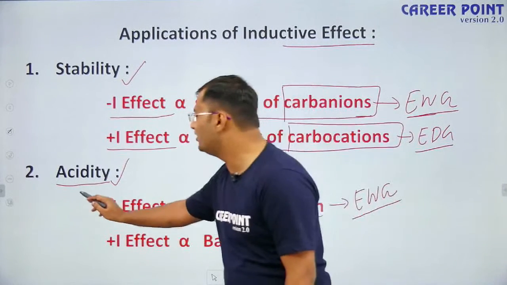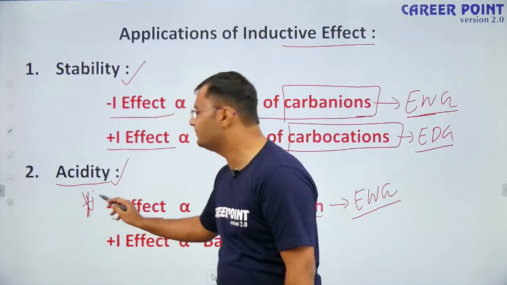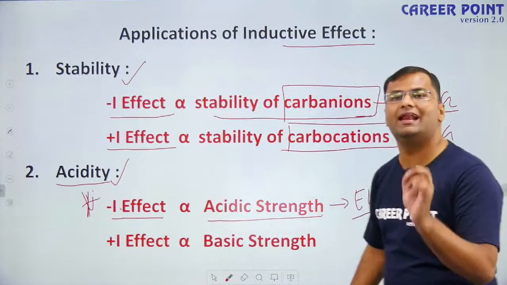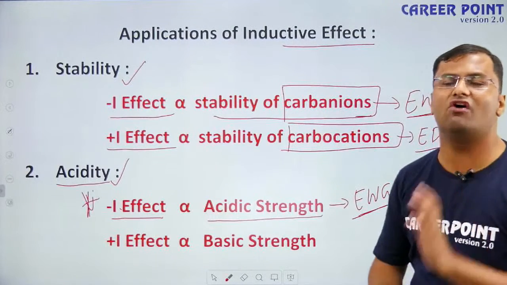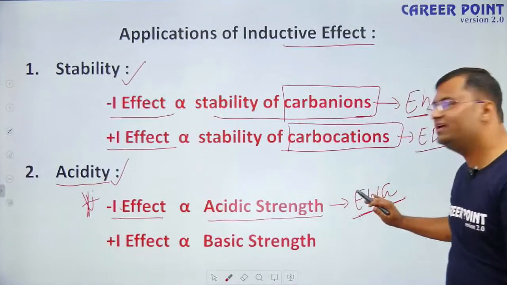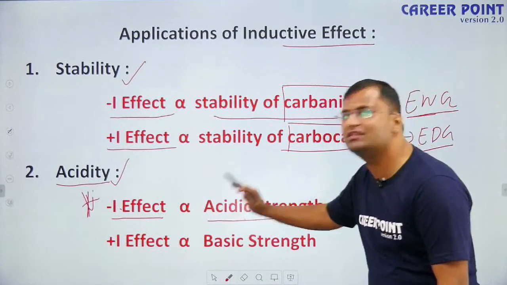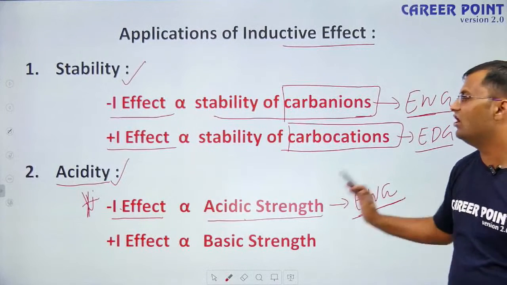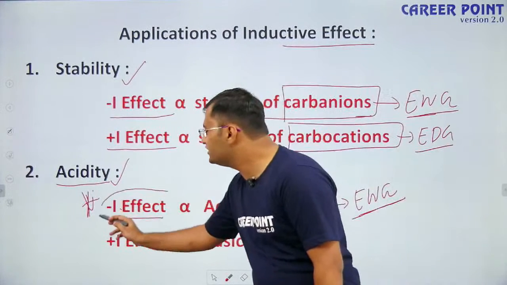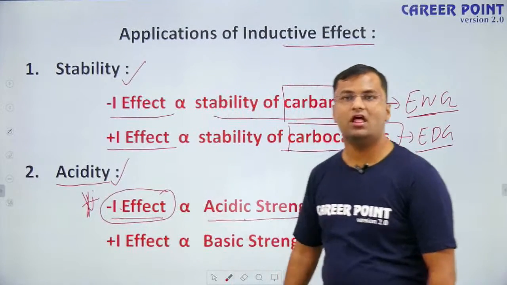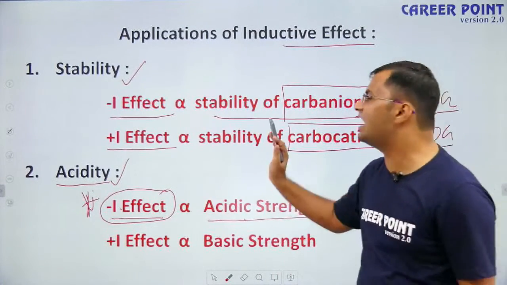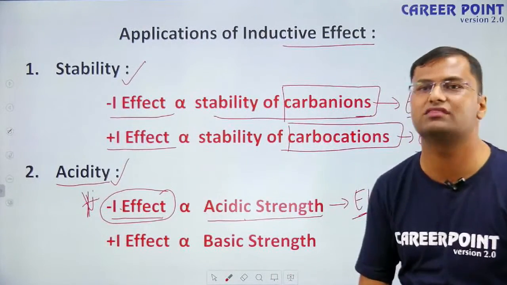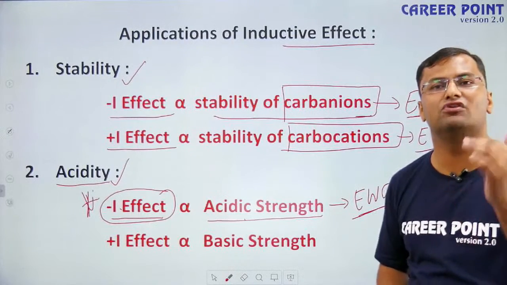This is a very important point. Any electron withdrawing group increases the acidity of a compound, or we can say it causes minus I effect. So you have to remember the minus I effect series, which I have already discussed in the previous slide. You have to remember the full series.